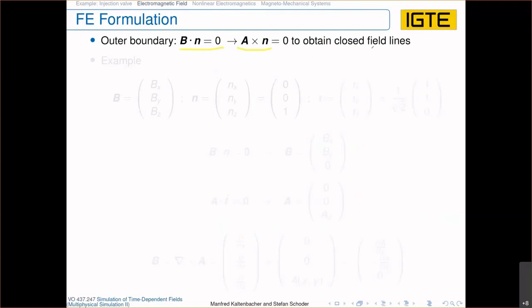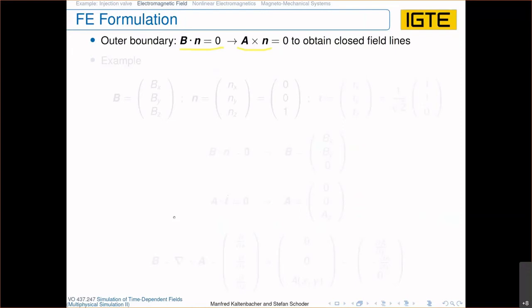So you always have to make your computational domain so large that you also include the main parts of the stray field in air, and don't compress, in this case numerically, more or less your physical field.